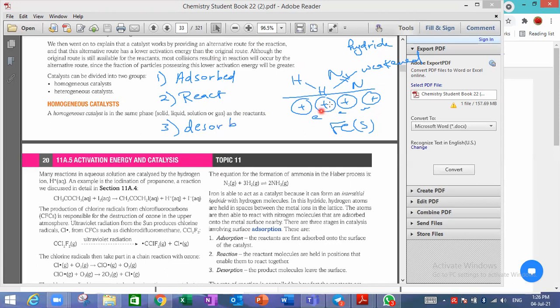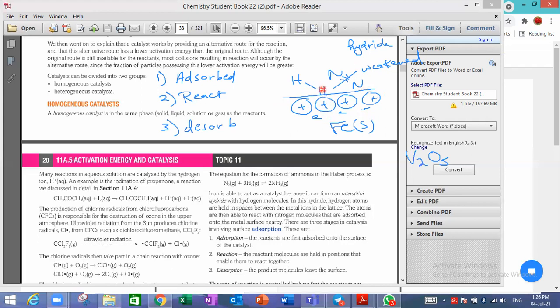So if the catalyst is acting as a solid, note that in case of vanadium(V) oxide in the contact process, there will be an exchange of oxidation states. The vanadium(V) oxide is going to be reduced and then oxidized during the reaction. But here the iron is not going to be reduced nor oxidized. It will remain the same as iron, but what happens is that the reactants, the hydrogen molecules and the nitrogen molecules, are going to be adsorbed at the surface of the iron.